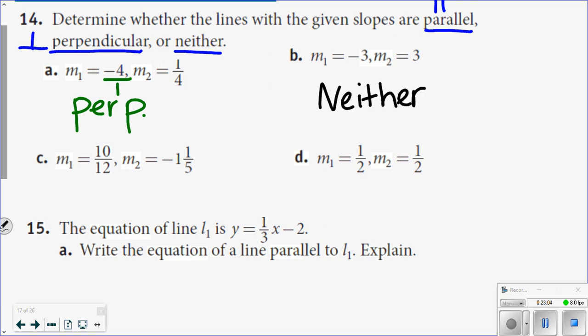In order for them to be perpendicular, we would need to have a 1/3 and a -3, or a -3 over 1, something like that. So this is neither.